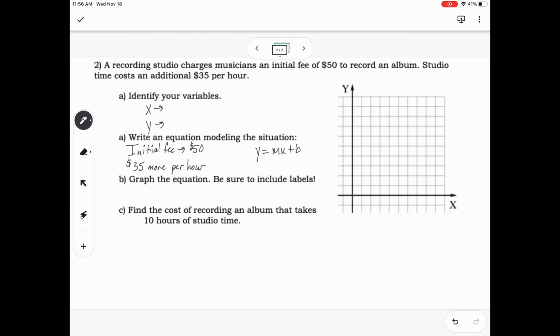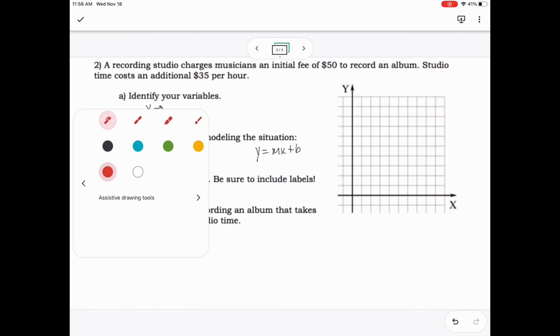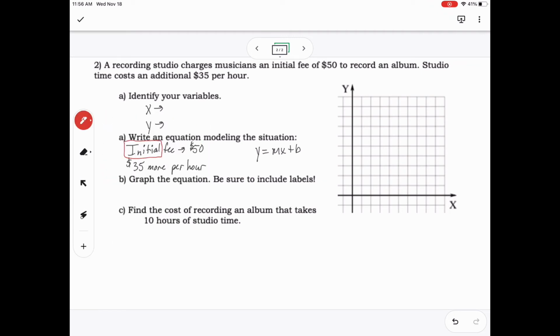The word initial is trying to represent the thought of starting. So this is what you have to start with, kind of like in slope-intercept form where we start with the first point, which is the y-intercept. So this initial fee is actually telling you that that's your b value that you're going to have to plug in. Like, oh, well, we already have part of this equation.